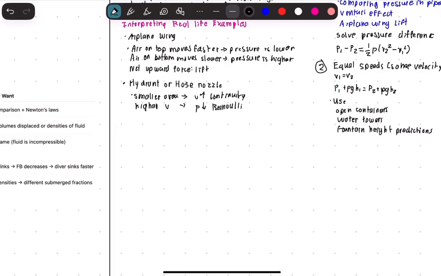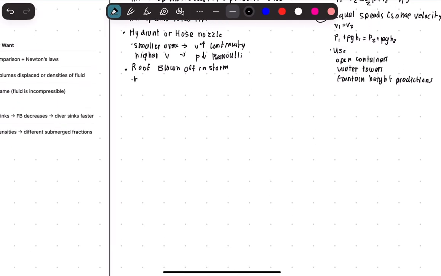Now let's talk about roof blown off in a storm. So basically, high speed above the roof is going to mean low pressure.